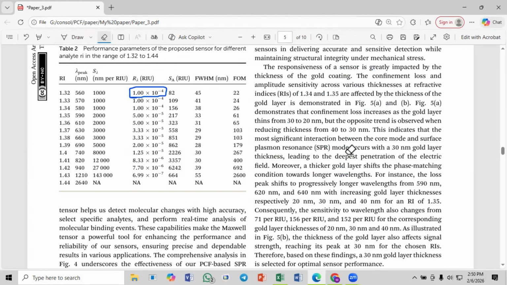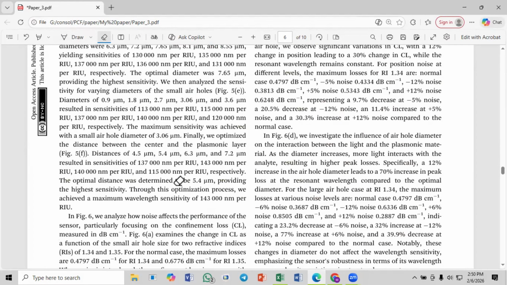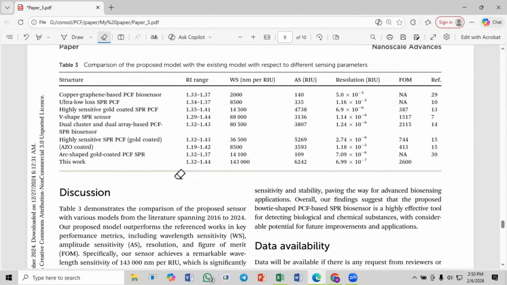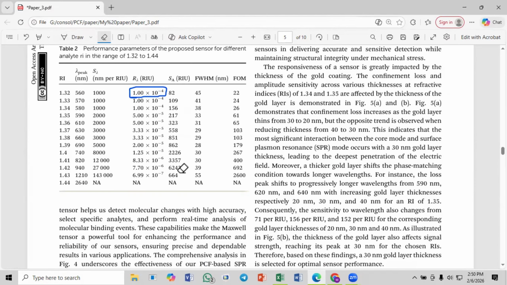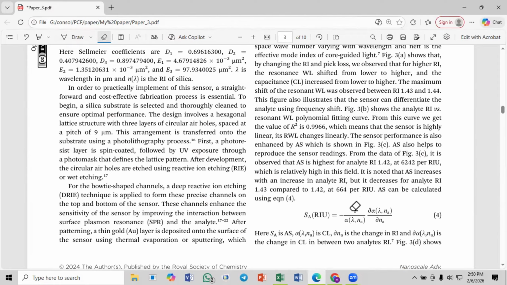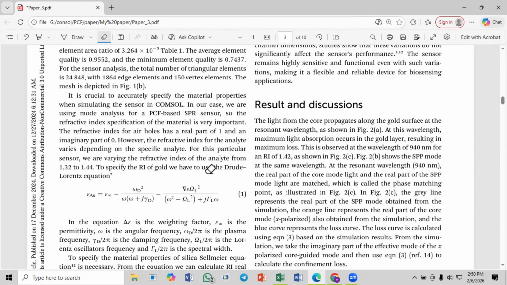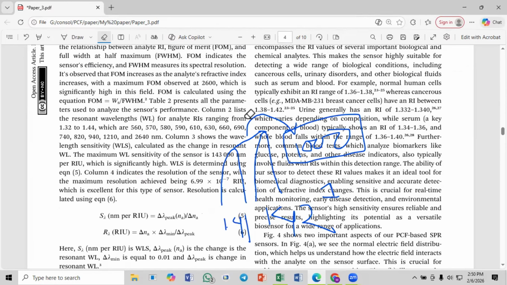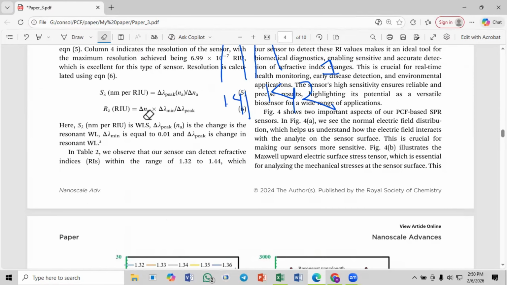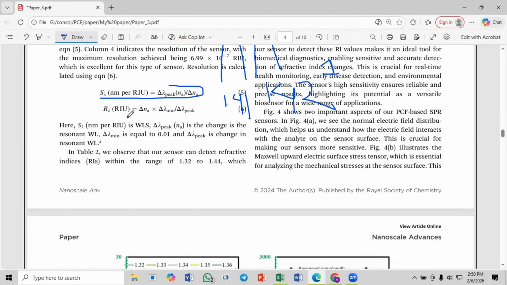The equation of resolution is R lambda is equal to del n minimum, which is del lambda minimum divided by del lambda peak. You can see the equation of wavelength sensitivity is very similar to this equation, right?